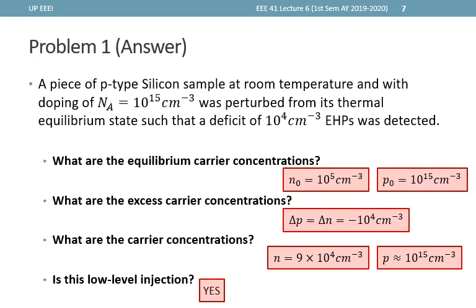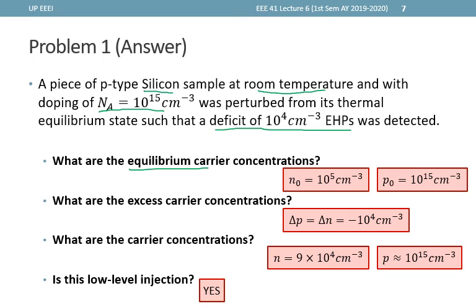So as a summary of the answers, we were able to compute the equilibrium carrier concentrations based on Na and the given material and temperature. Next, we were able to deduce the excess carrier concentrations based on the given that we have a deficit of 10 to the 4 electron hole pairs.